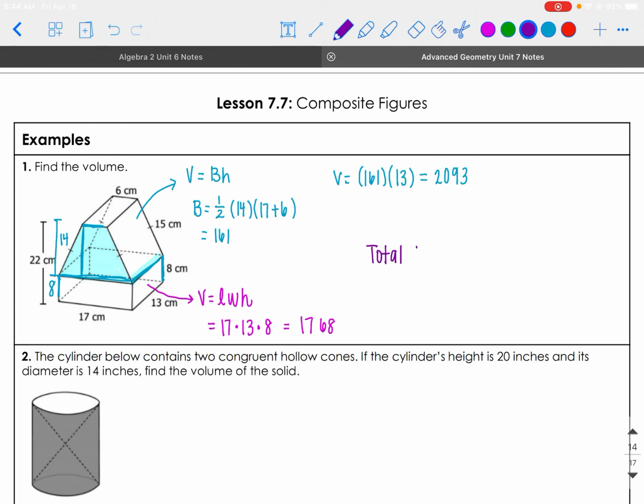So my total volume, we add the two, 2093 plus 1768, which is 3,861 centimeters cubed. Well, that one wasn't too bad.